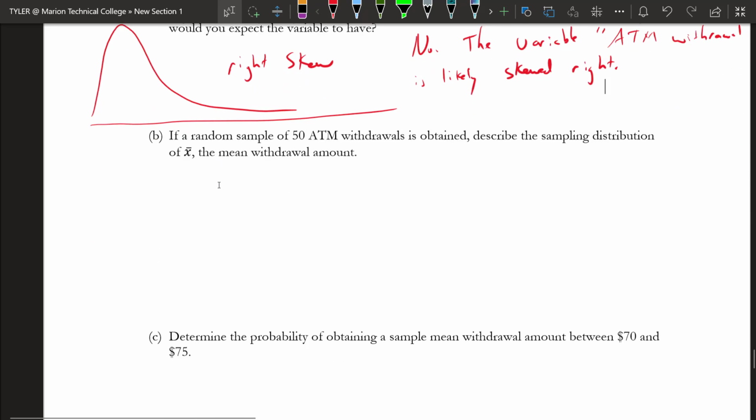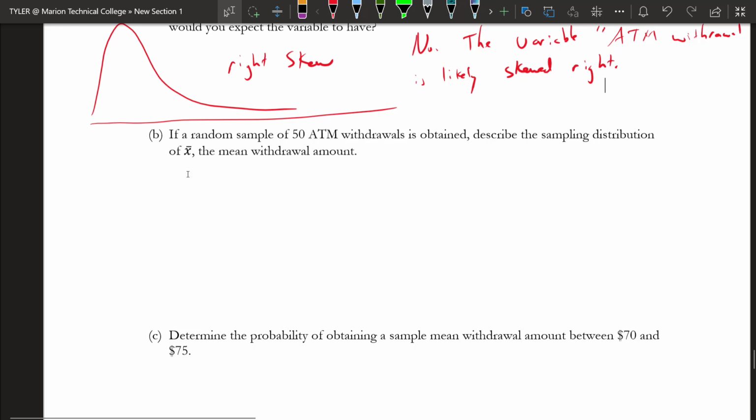So in part B, it says if a random sample of 50 ATM withdrawals is obtained, describe the sampling distribution of X bar, the mean withdrawal amount, right? So in this case, n equals 50, which of course is bigger than 30, right?